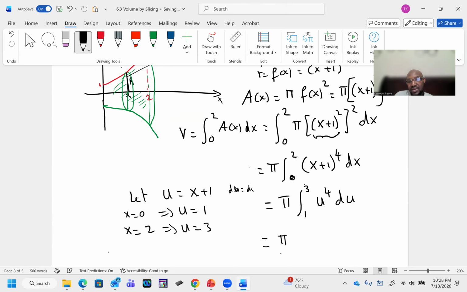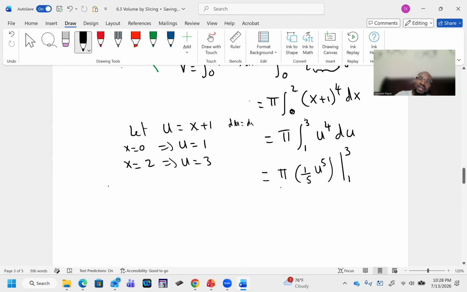Pi times 1 over 5 u to the power of 5 from 1 to 3. And if you substitute your 3 and your 1, you will end up having a volume which is 242 pi divided by 5.